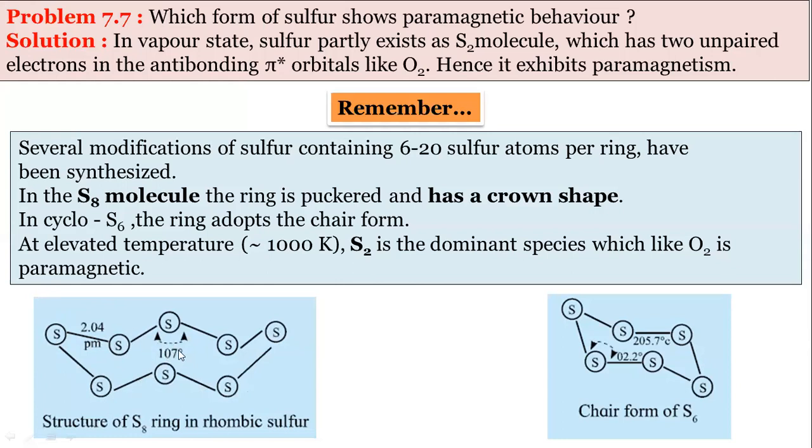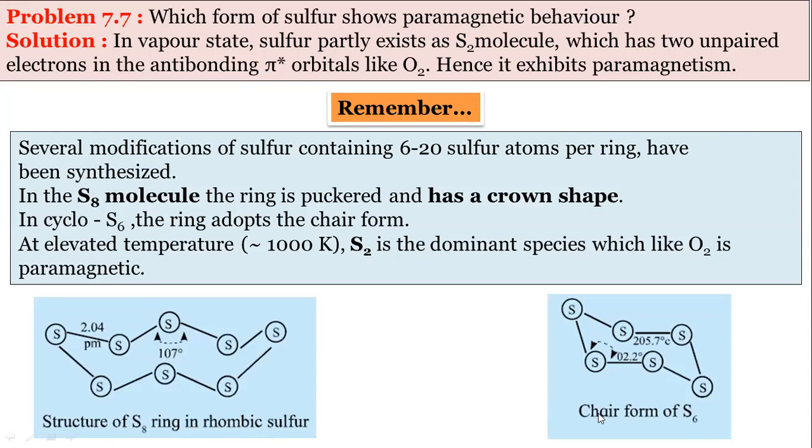We can see clearly the angle, and this is the sulfur bond length. All the sulfur atoms have the same bond length of 2.04 picometer. So this is the structure of the S8 ring in rhombic sulfur. It is a puckered ring structure, a crown shaped structure.